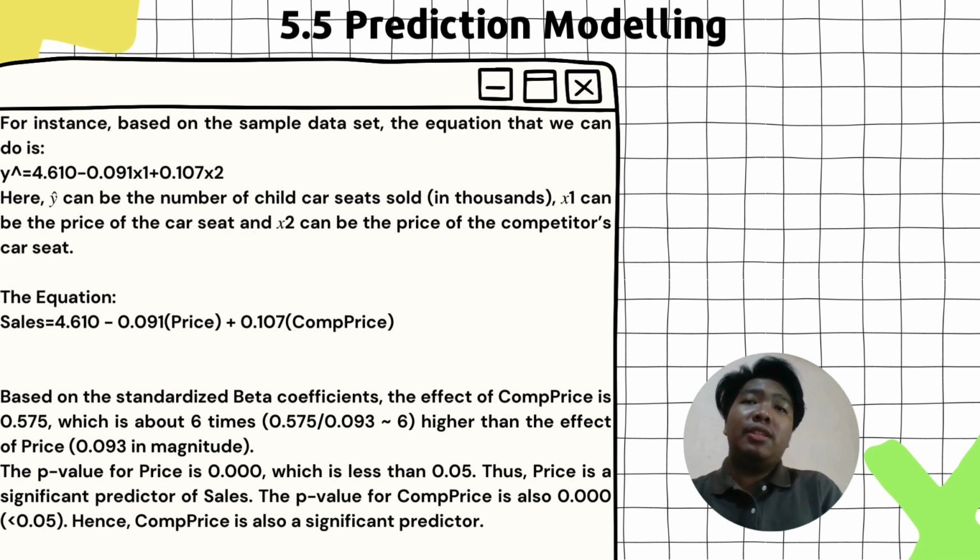Thus, price is a significant predictor of sale. The p-value of comp price is also 0.000, less than 0.05. Hence, comp price is also a significant predictor. So that's all from me. I will pass to the next presenter.